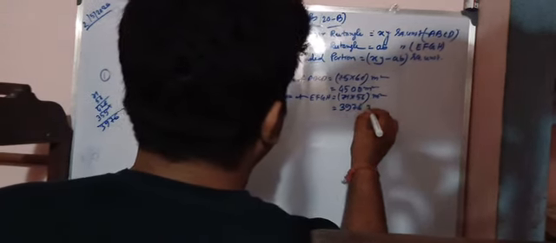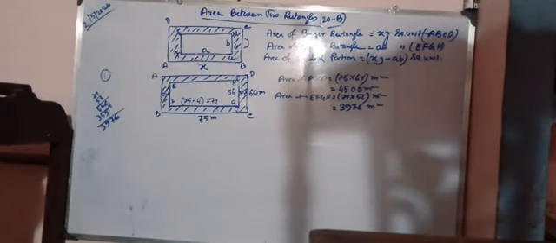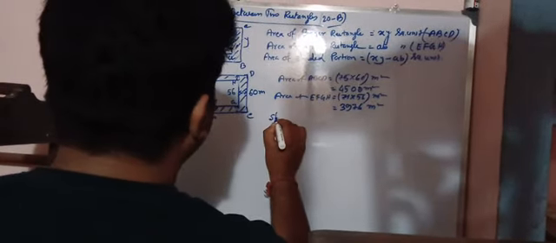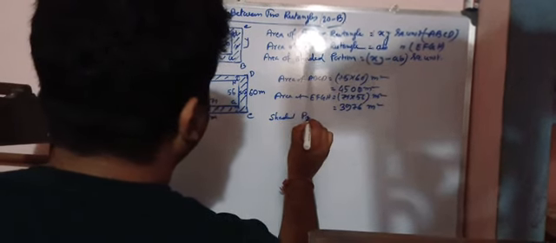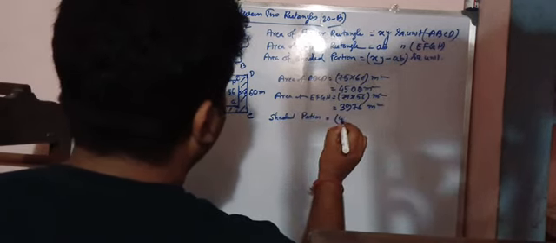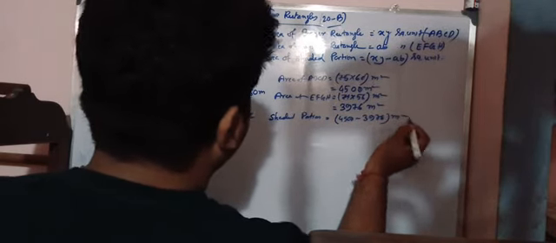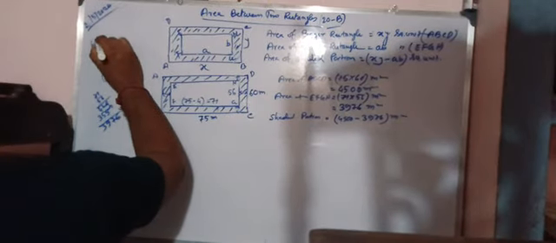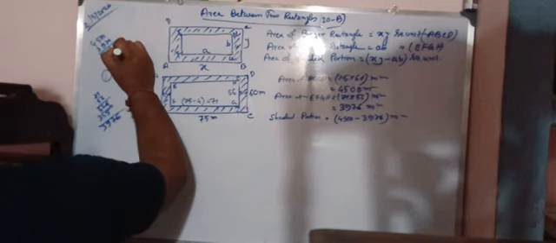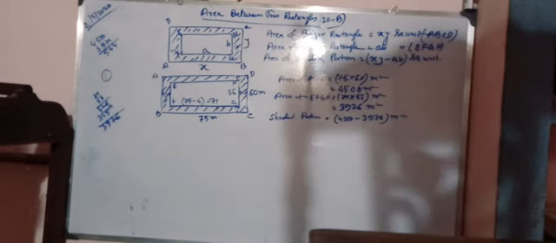So the area of the shaded portion is equal to 4500 minus 3976 meter square. Now 4500 minus 3976 is 544, that is 544 meter square.